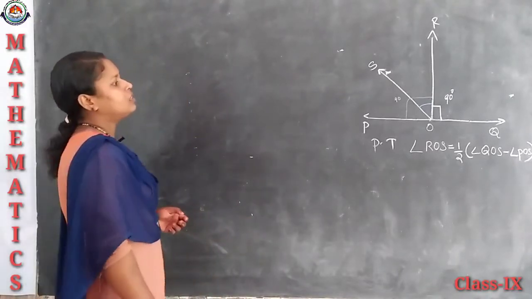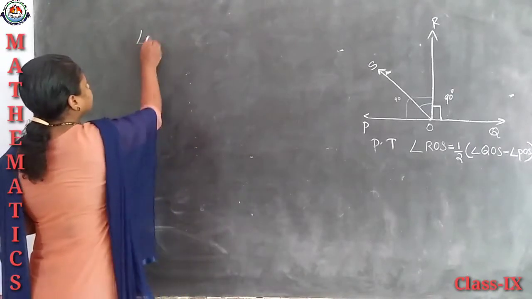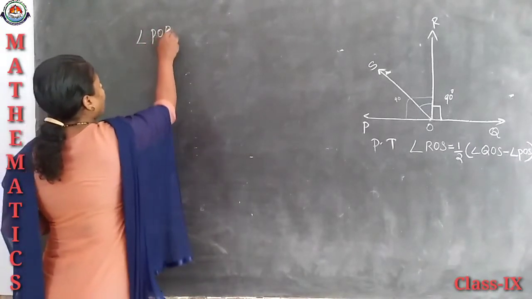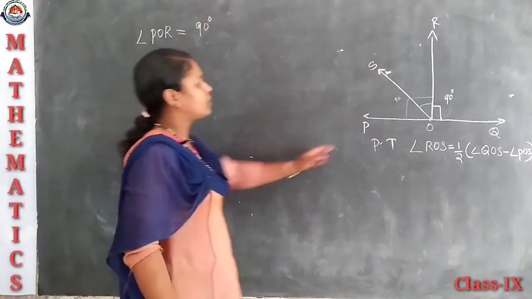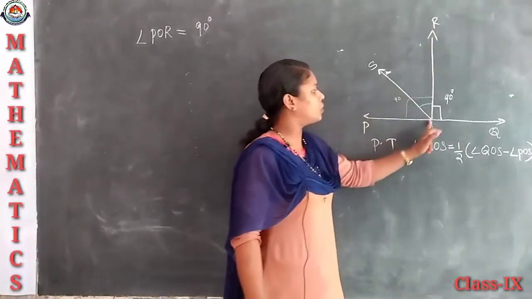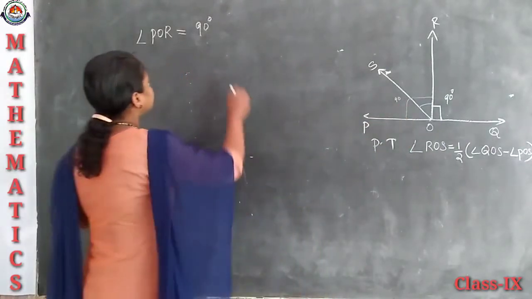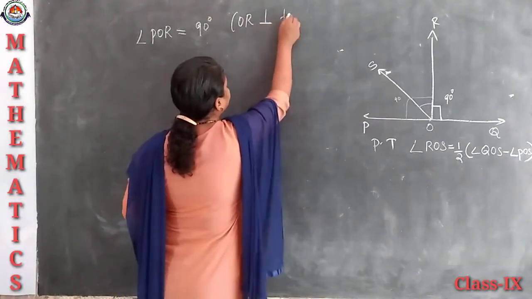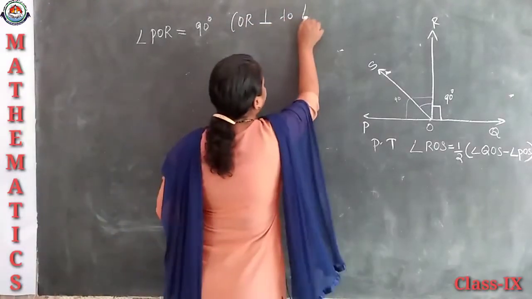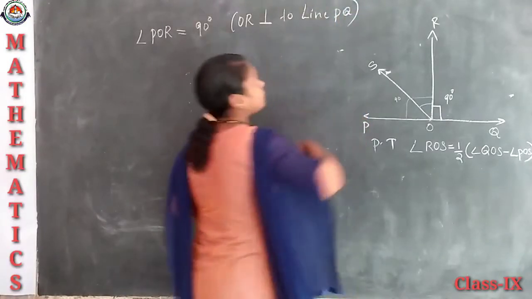So here angle POR equal to 90 degree. Reason, ray OR is perpendicular to line PQ or POQ.